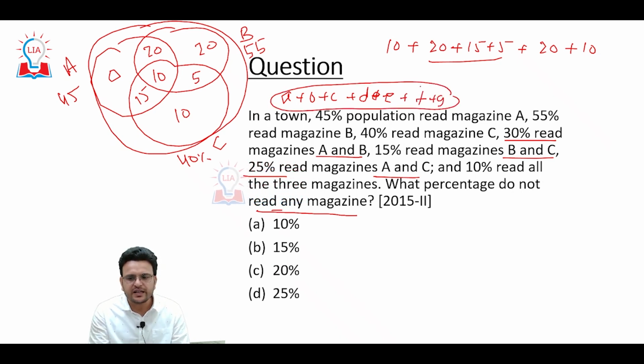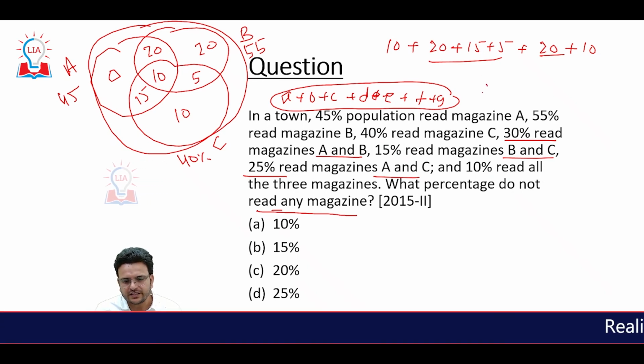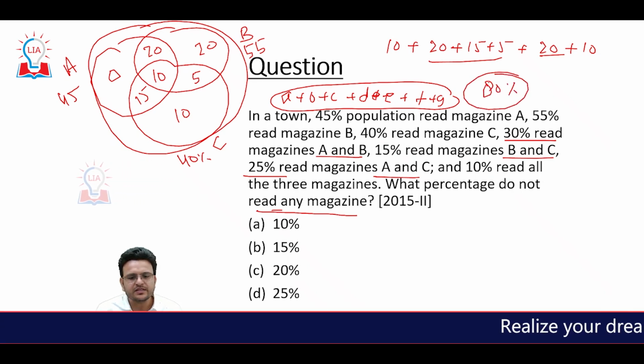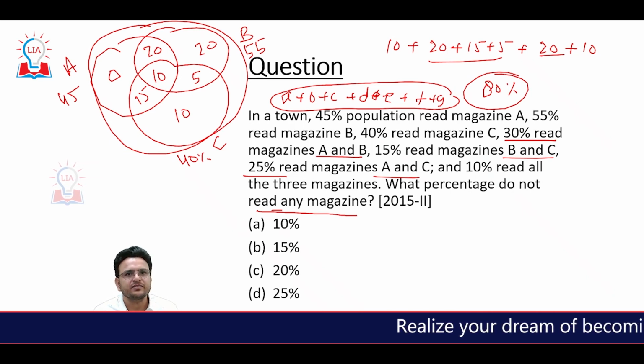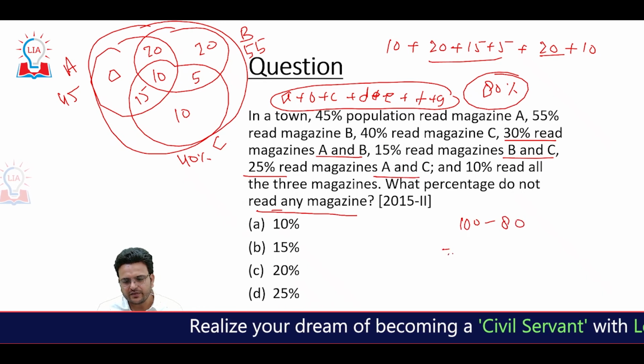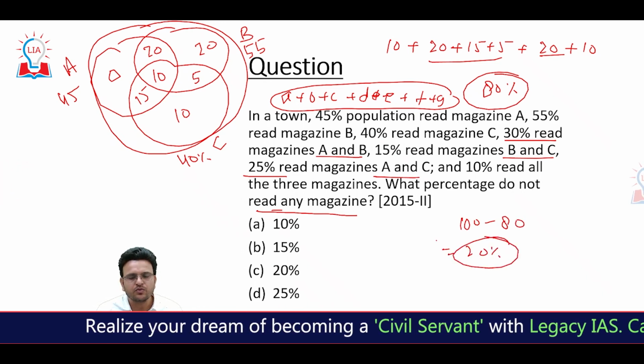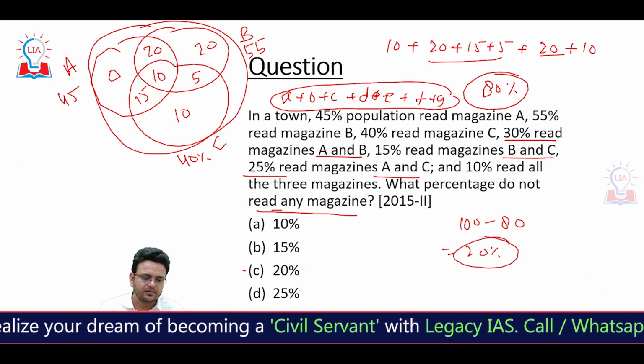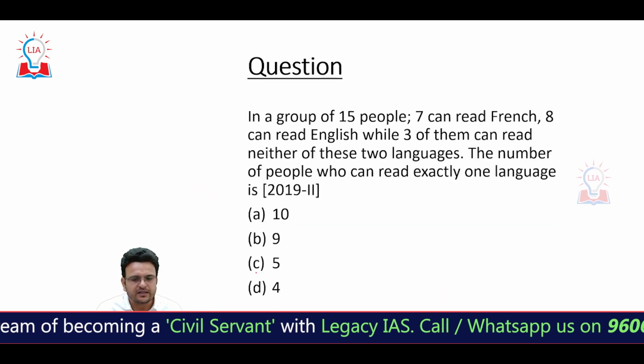So this will be 80. So 80% of people read at least one magazine. So definitely 100 minus 80, it will be 20% of people who are not able to read any magazine. So hope you are able to understand.